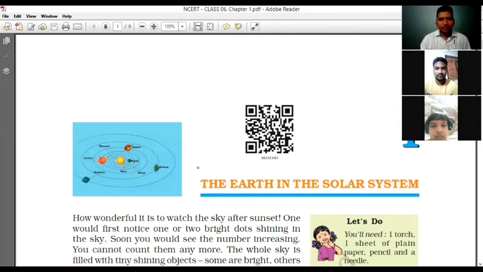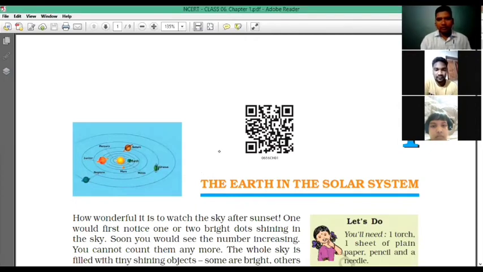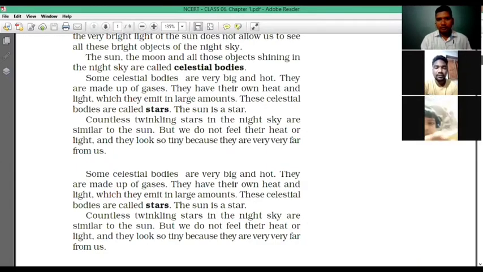Sir, shall I share the screen? Shall I share the PDF? Yes, please. Yes, sir. I'm sharing so that it will be easier for everyone to look at. Okay, you can see the solar system, the Earth in the solar system. Yes, go down.